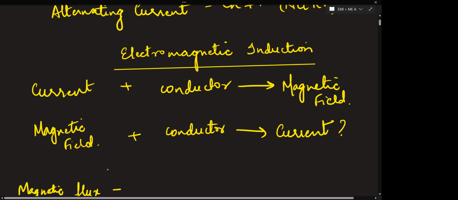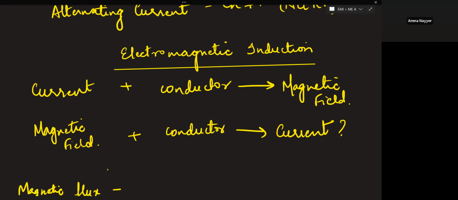This became the question. Will there be any production of current using a magnetic field in the presence of a conductor?